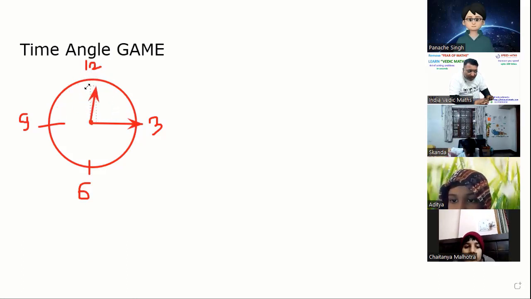Many people think like that, but at 3 o'clock the bigger hand will be exactly at 12, right? Chaitanya? When it's 3:15, the bigger hand comes on 3, right? But the shorter hand moves a little bit far, or not?